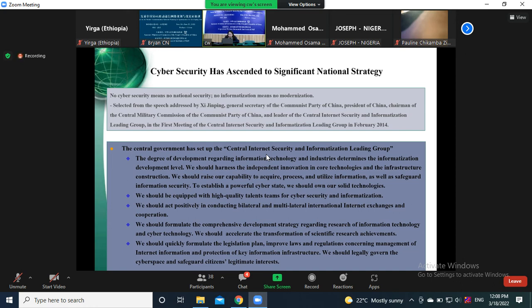The first one is independent innovation. I think somebody knows. For independent innovation, we should conduct overall planning and key studies on core technologies and some main projects from the state level.